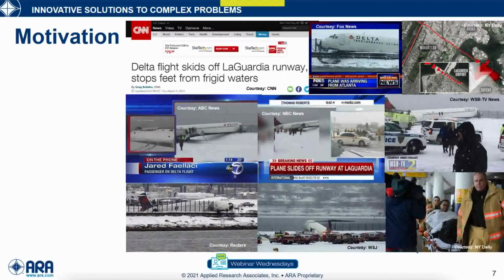So what was the motivation? As you can see, the accumulation of ice and snow on paved surfaces can cause incidents and accidents, and can also cause significant delays for the airplanes.